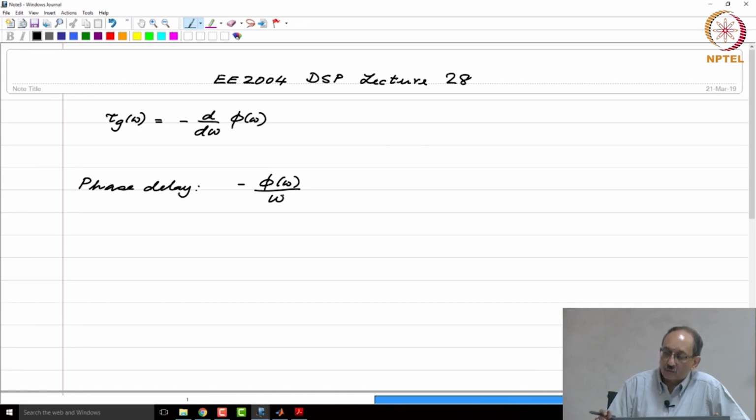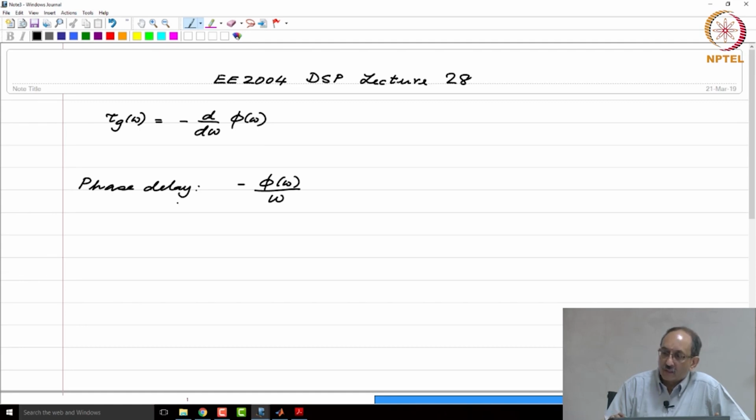Suppose you have a narrowband signal, which means it has a certain envelope, and inside the envelope there is a high frequency oscillation, and if you pass this through a general system, you will be asked to show that the envelope gets delayed by tau g and the carrier inside will get delayed by the phase delay tau ph.